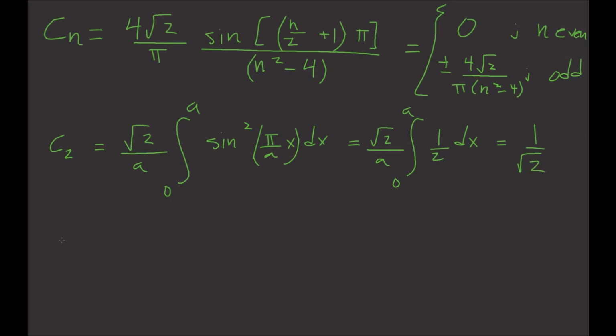So now the probability p sub n is equal to c sub n times c sub n star, right?